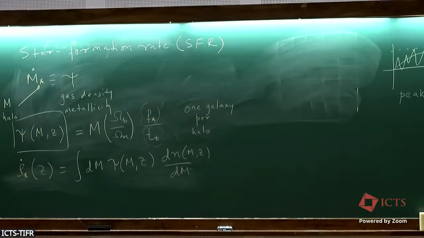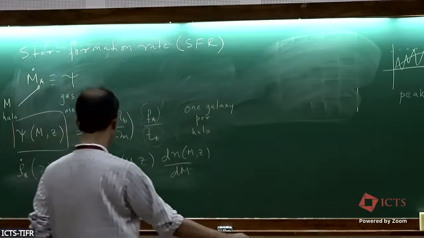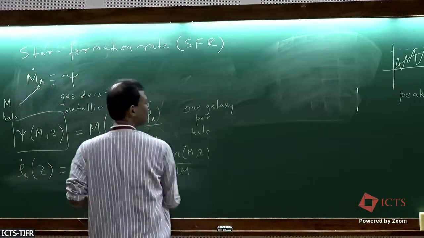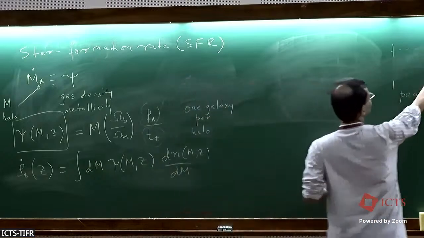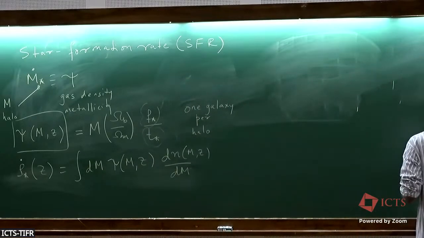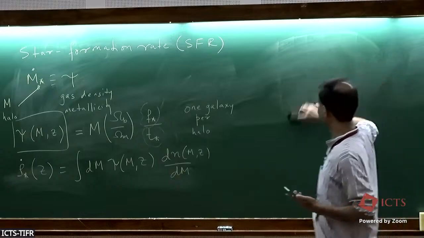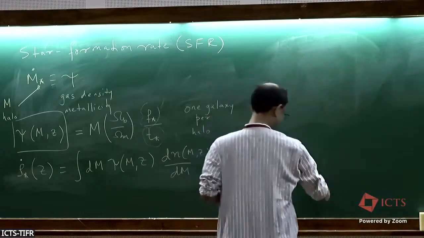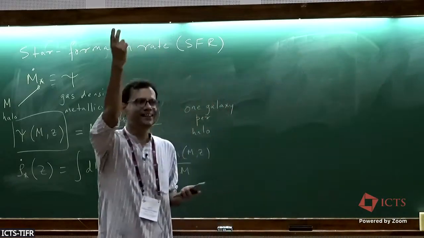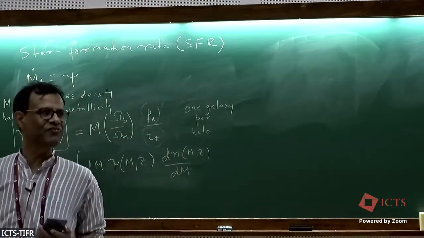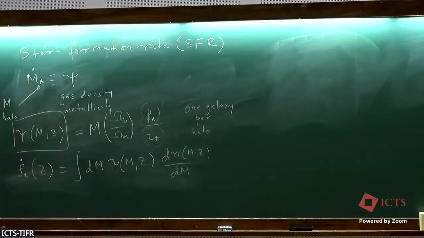But even here, there are subtleties which you need to be worried about. Firstly, star formation rate is not a directly observable quantity. We look at galaxies, we get light, okay? We don't see stars forming. It's not like I wait for 1 year and I see more stars have formed or something like that.